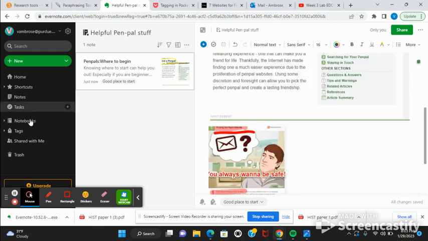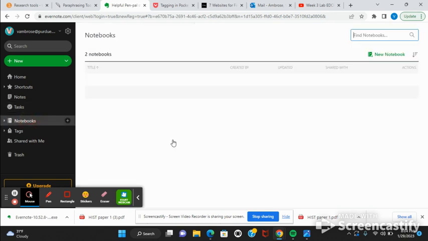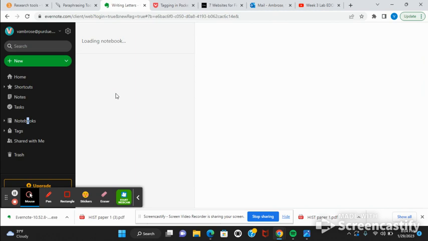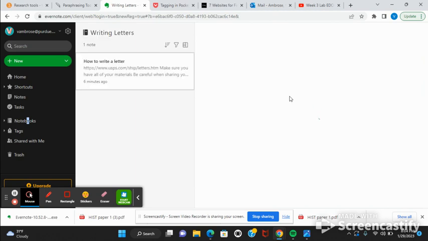All right, so for my second notebook, which is writing letters, which I also included in my mind map. So this is kind of just a rundown of that again. But also super important because you need to know how to send out letters or else your pen paling will not work out.